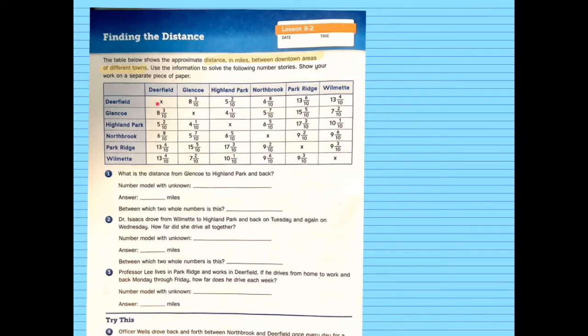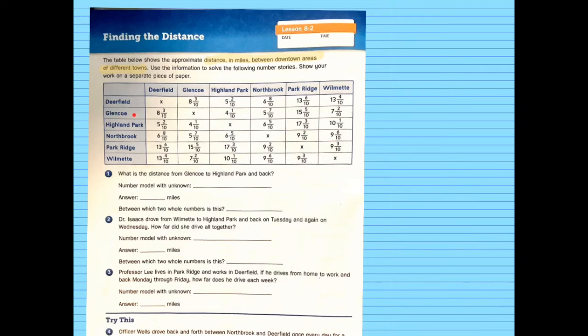Well, if you look at the chart, those blank spaces are there because the distance from Deerfield to Deerfield, it's the same town. So that's why that's blank there or has an X there, because it matches up with the same town. So you kind of read this like you would longitude and latitude maybe.